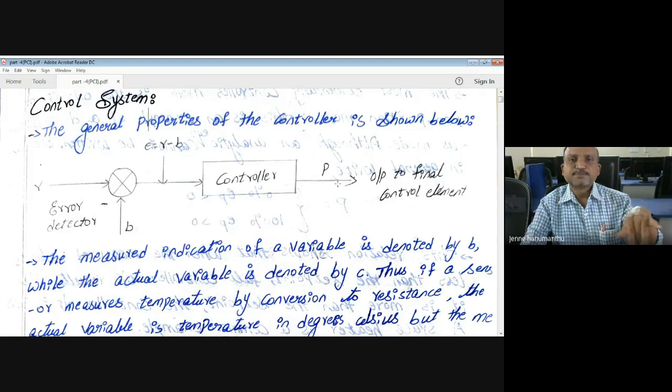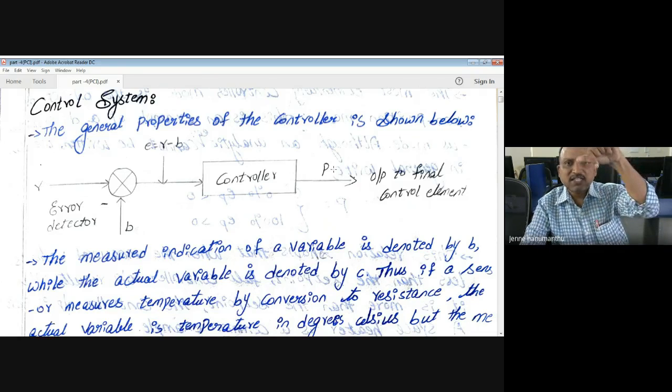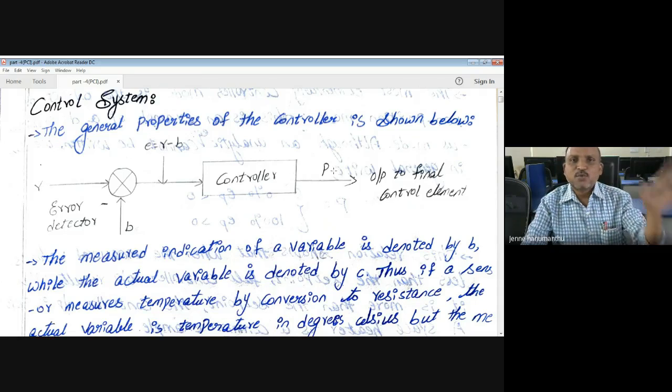Discontinuous means you can take any simple water tap. If you turn it like this, it's completely open. If you turn it like this, completely closed. Completely open, completely closed. There are no in-between options.